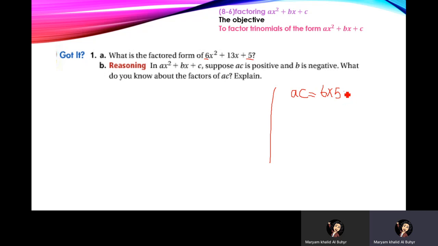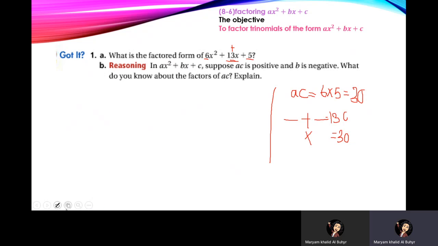All right, miss, it's 30. Now I'm going to think about two numbers. Once I add them, I will get 13. Once I multiply them, I will get 30.